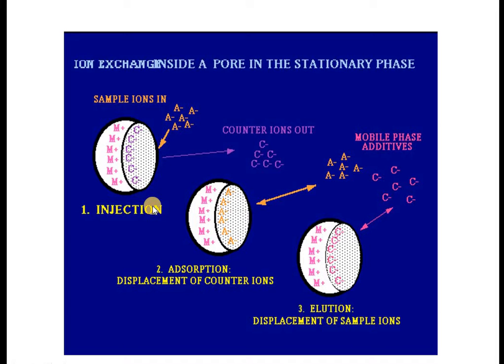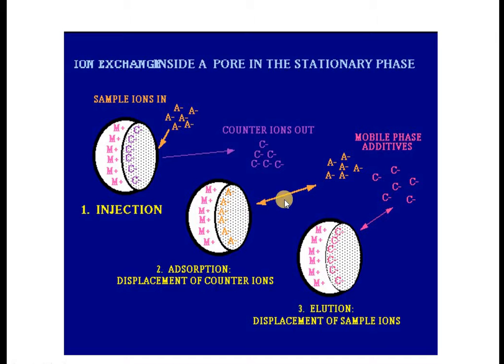This is the injection part. Here are the counter ions, which are displaced by A minus. The position of C is taken by A minus. This is the adsorption, the displacement of the counter ion.